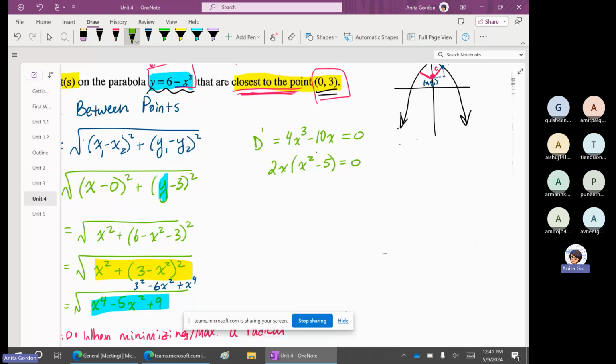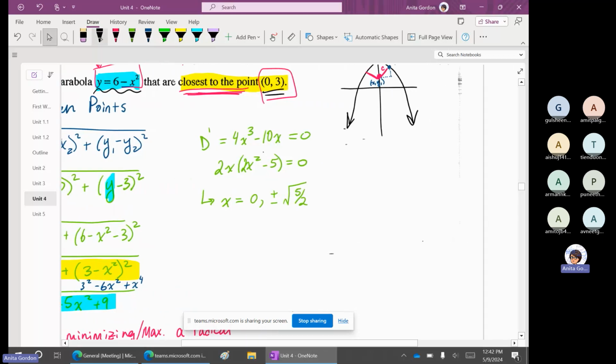So my possible options are x equals 0 or plus minus root 5/2. Thank you. Okay, we have 3 possible options.